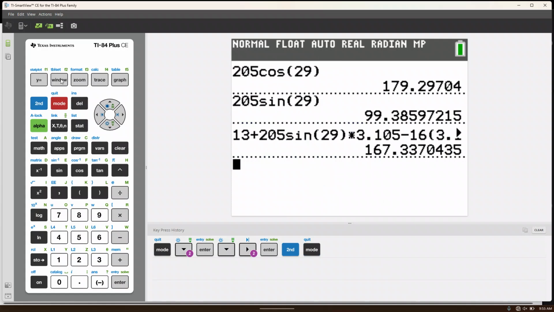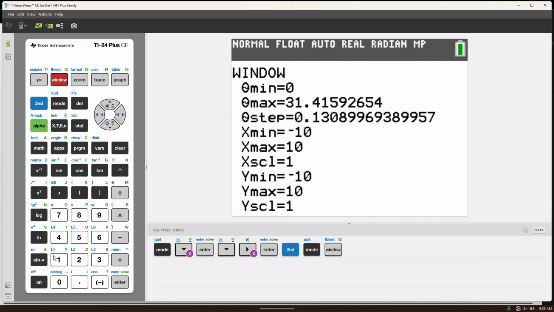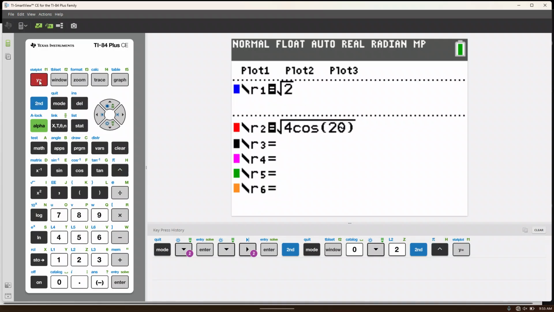Let me go to the window to make sure that I'm between 0 and 2 pi for the angle. The x min and the others are fine. Now when I go to y equals, that's going to call for functions r that depend on the angle theta, or just constant functions.